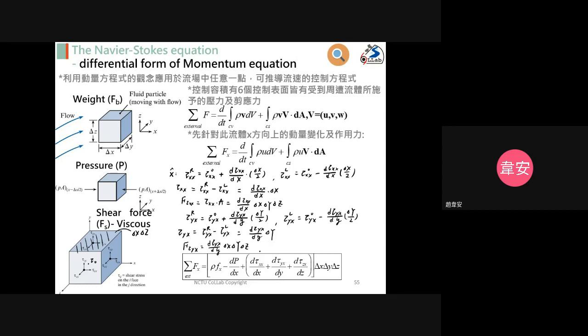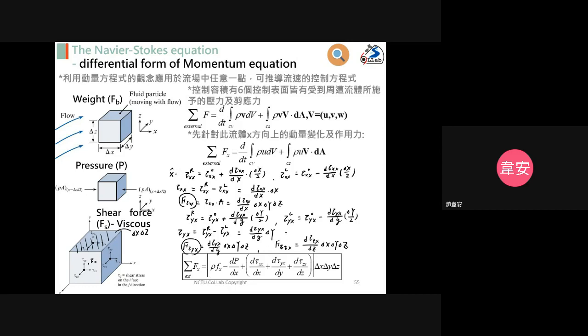Okay, so similar to the F tau xx and F tau yx, the F tau zx should be equal to the d tau zx dz multiplied by delta x, delta y, and delta z. So we have the F tau xx, F tau yx, and F tau zx.